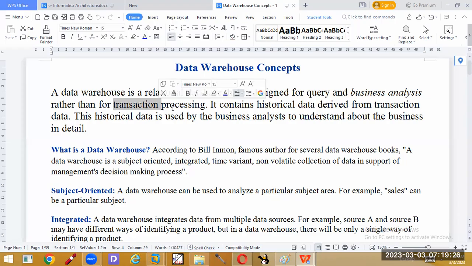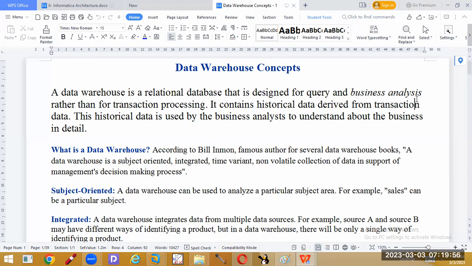And if we want to analyze the data, for a particular product, how much quantity is sold out in the month, right? At that time we use the data warehouse database for business analysis. So that we can analyze and understand which area of people use this product.